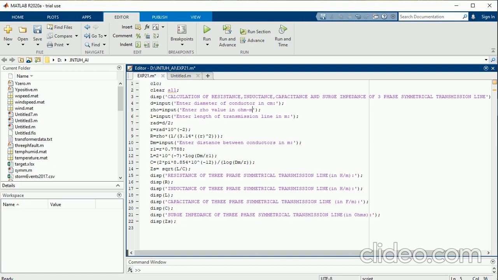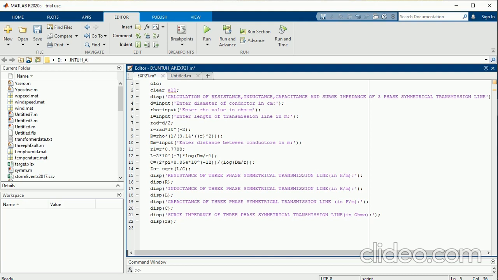For pi I can represent 3.14, and r square you can represent as r into r, or you may go with r power 2. For power 2, the inverted v is used.